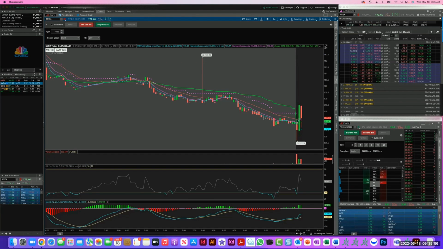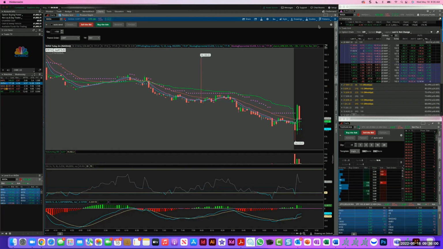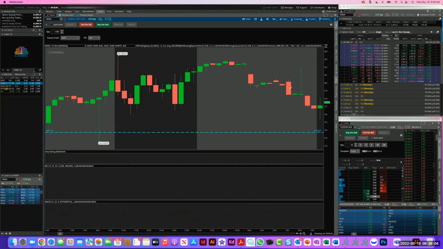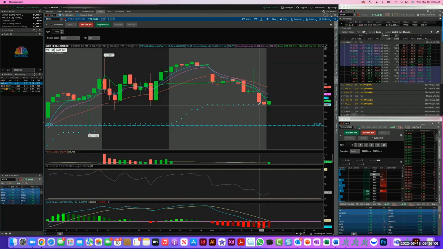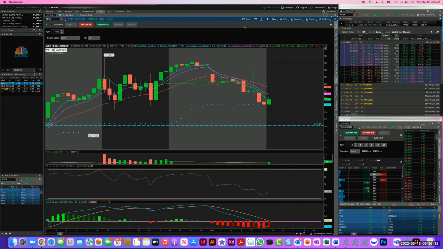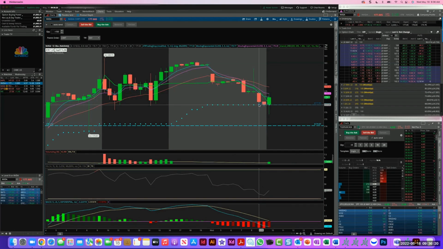So right now, we've got NVIDIA above its 5-day EMA, and I'm looking at it on the 30-minute chart, and we have this ATR trailing stop here on the 30-minute. So I'm going to change this. I'm going to add this. Actually, this is 177.04.